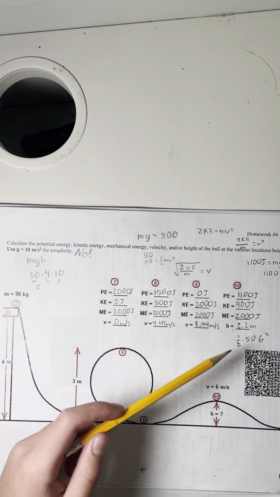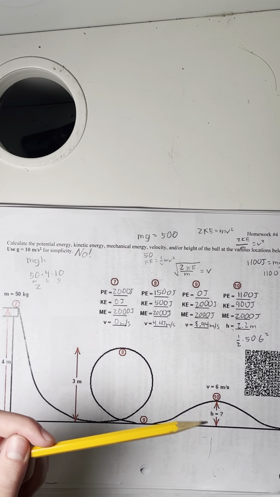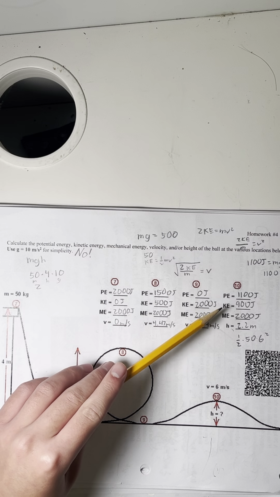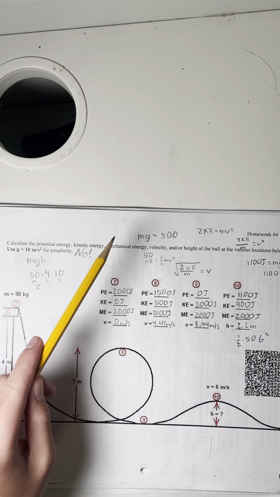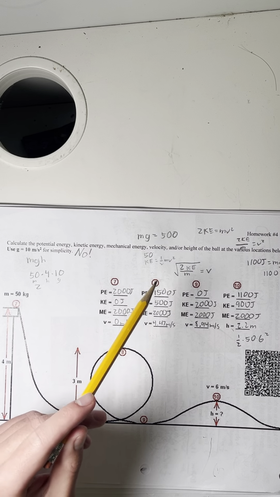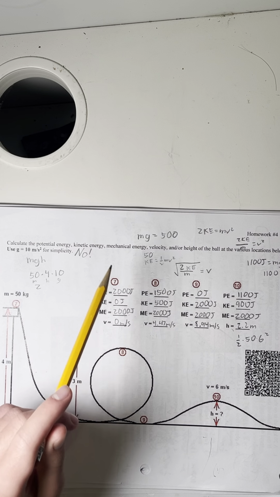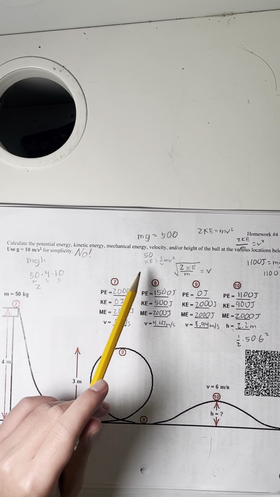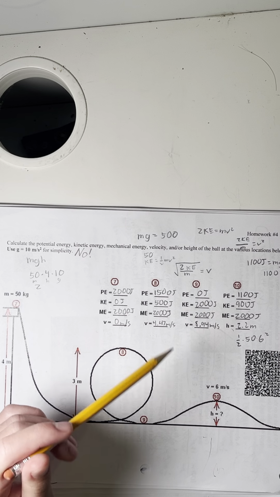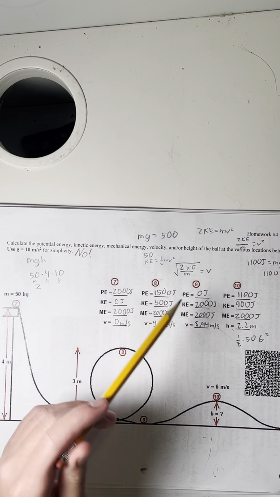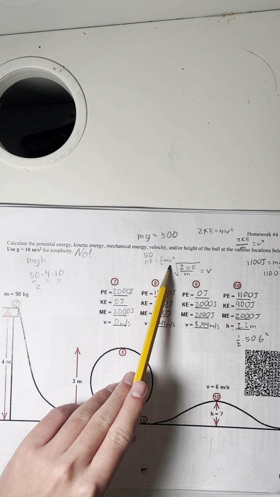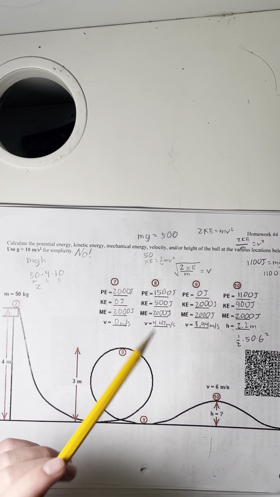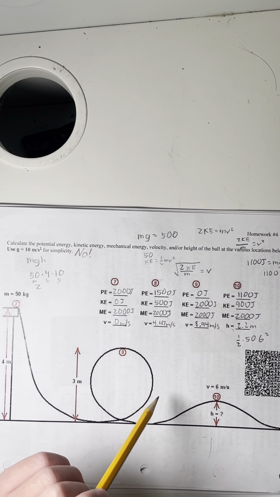And finally, for our final position number 10, our kinetic energy is 900 joules. Again, we are using 1/2 mv squared. Not the rearranged one this time, just the regular one, because it's asking us to solve for the height. For kinetic energy, it's 1/2 times 50, which is our mass, times velocity, which was given to us as 6 meters per second.